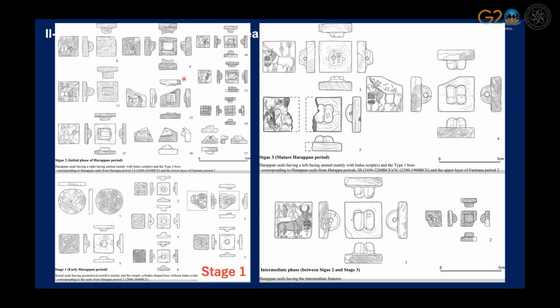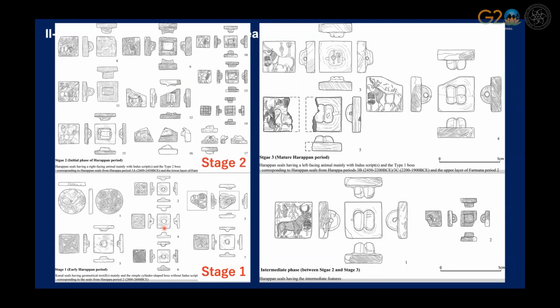Stage 1, early Harappan period: seals having mainly geometrical motifs, and a simple cylinder-shaped boss on the reverse of the seal without the Indus script, corresponding to the seals from Harappa period 2.